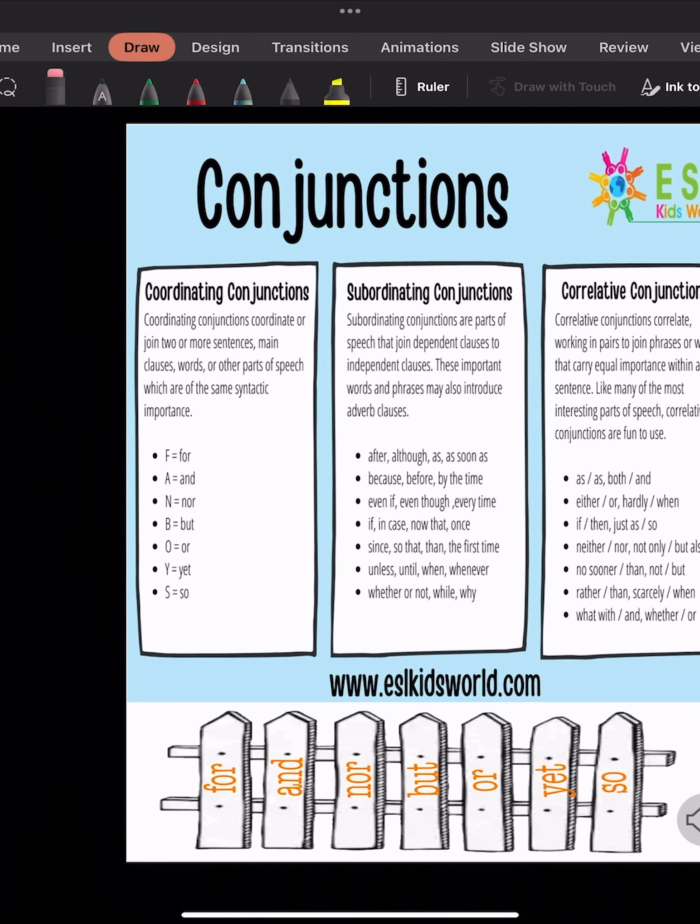Moving on, we see the subordinating conjunctions. We've got a song for that. Subordinating conjunctions. When, while, where, as, if, since, although, whereas, unless, because. Do we have where on here?